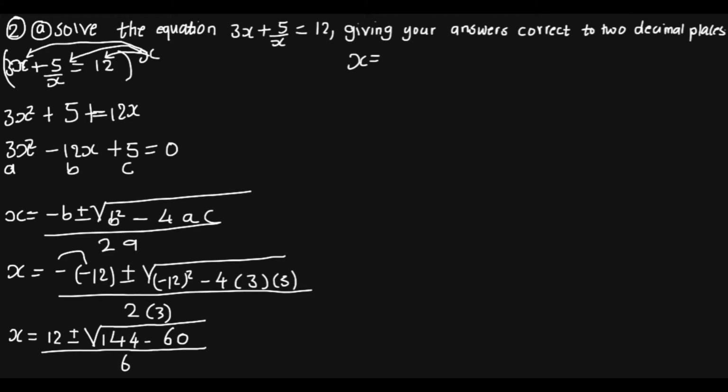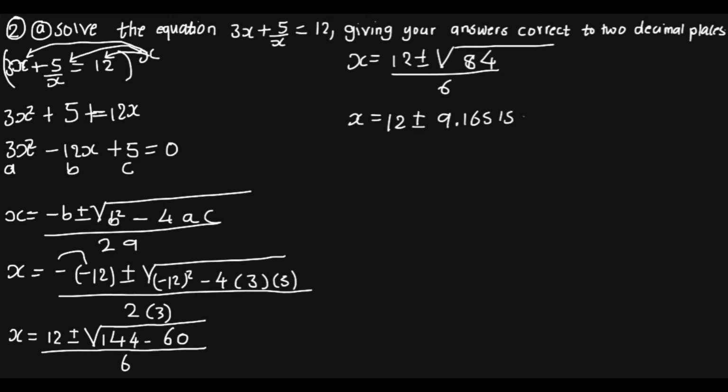So we get 12 plus or minus the square root of 144 minus 60, we get 84, over 6. Now the square root of 84 is 9.16515, over 6.